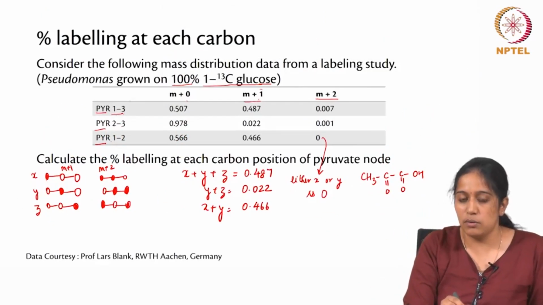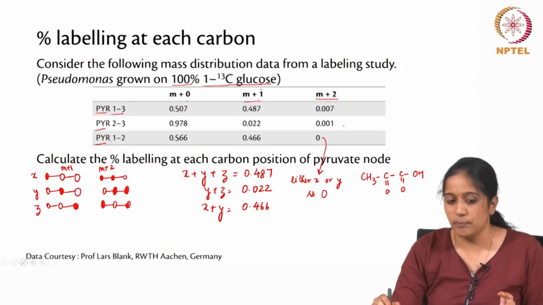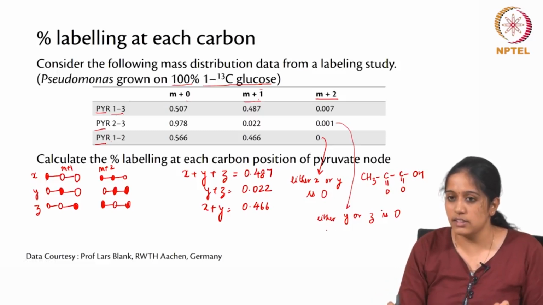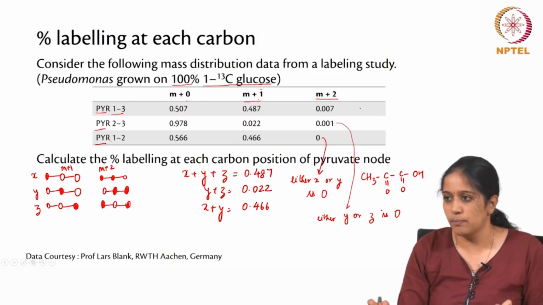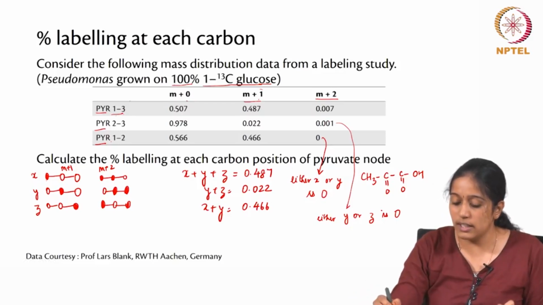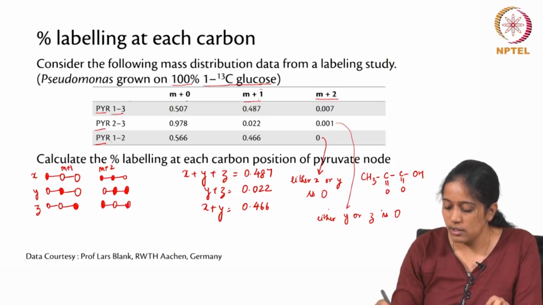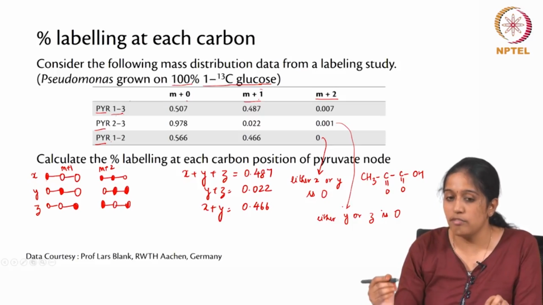And if you look at 2 and 3, the second and the third position, again you have a value very close to 0. From this I can infer that y or z is 0. So, I can make these inferences, and from this I can say either x or y or z is 0, right. But if you look at the fragments m plus 2 for pyruvate 2 comma 3 and 1 comma 2, you can see that y has a higher probability of being 0.